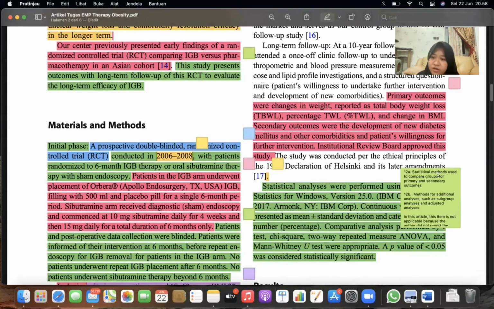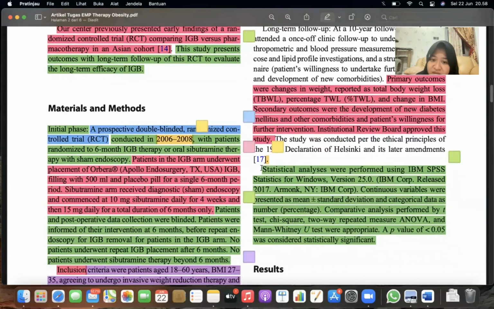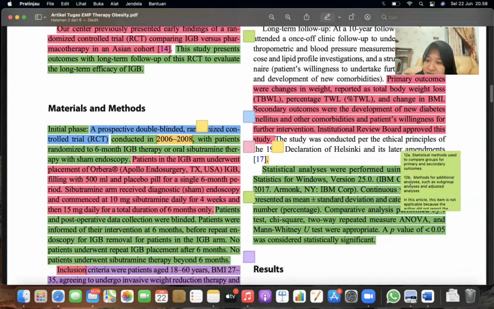Okay, next is number 12A, statistical methods used to compare groups for primary and secondary outcomes. Okay, the answer is highlighted in green here. Statistical analysis until the significant. The next is number 12B, methods for additional analyses such as subgroup analyses and adjusted analyses.